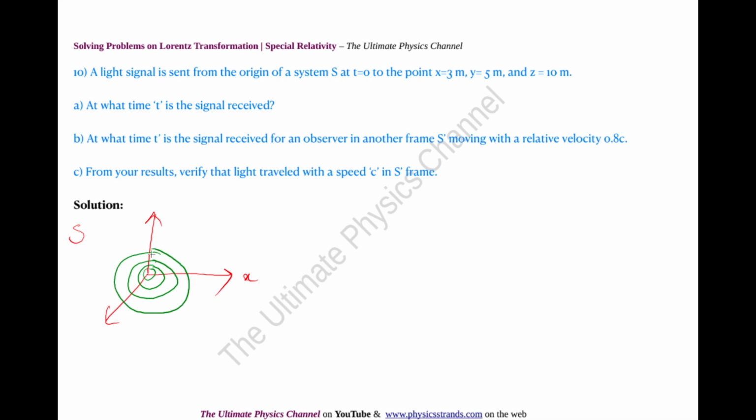This light signal expands, let us say, as a spherical wave and reaches a point here, which is at 3 meters along the x direction, 5 meters along the y direction, and 10 meters along the z direction. So the coordinates in my case here are 3, 5, 10 for the x, y, and z coordinates.